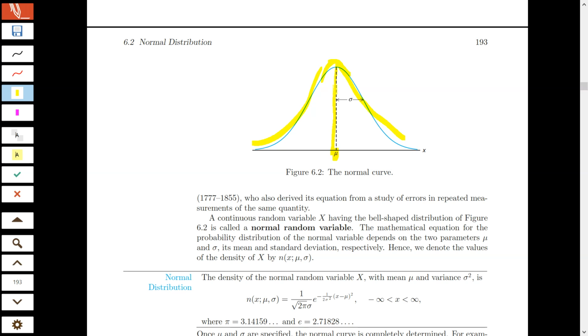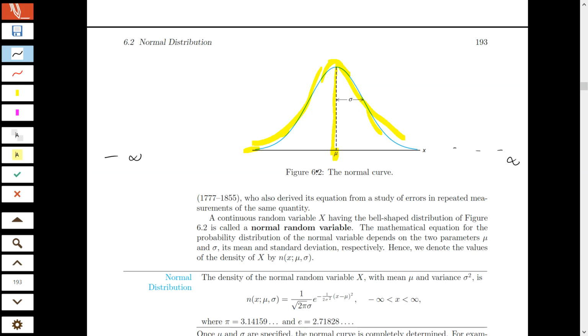You have a peak at the center, and then the probability simply rolls off smoothly, and there is no end. It can go all the way unlimited on both sides. Whenever you see this bell curve, I think the guy was Bell, or the reason it's called bell curve is something like that.